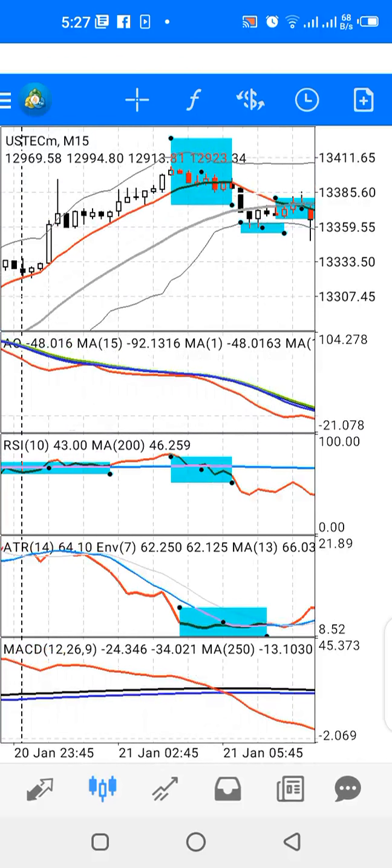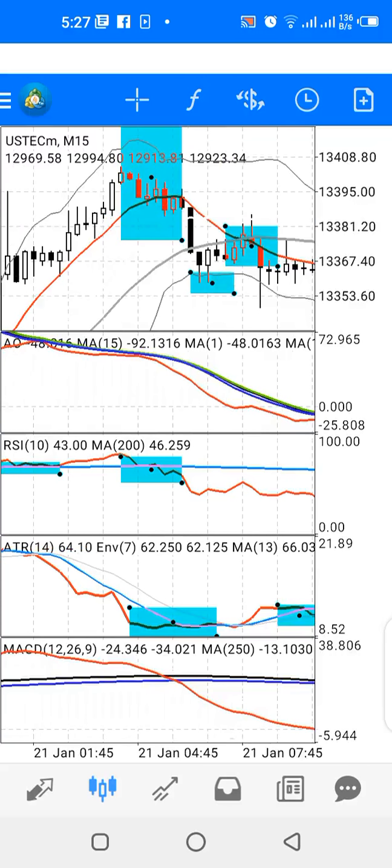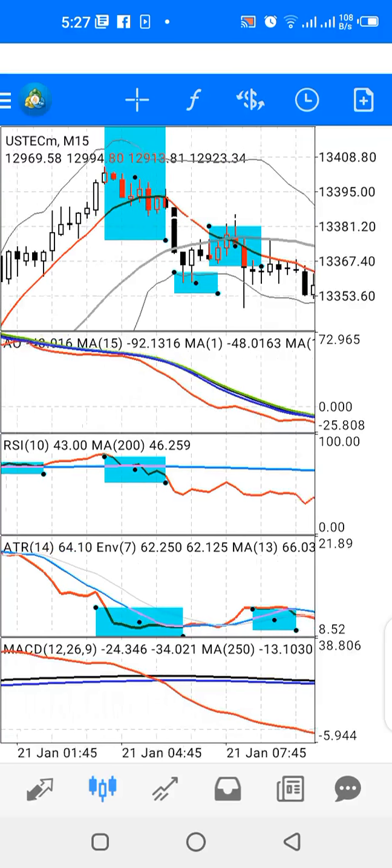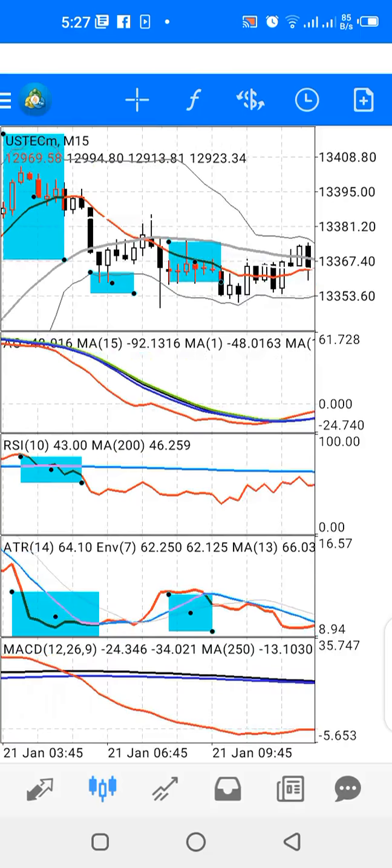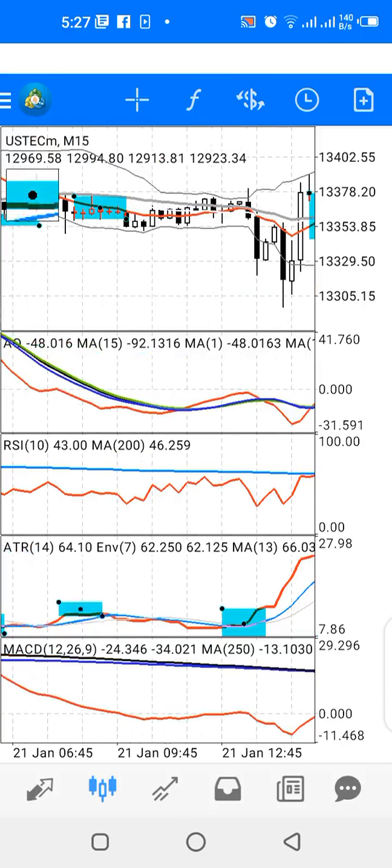Is it an impulsive wave or a retracement? Okay, if you look at from here to here is another swing. From here on the main chart to this point on the main chart is another swing. Now from here to here is also another swing.